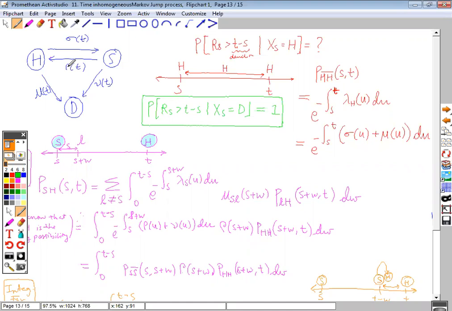Just to break it down for you guys, it will also depend on how much time I have already spent in the sick state, right? If, let's say, 3 years of time I have spent in the sick state, then I would expect this rho to not be the same as for someone who is the same age as mine, but has spent less time being sick. Does this make sense?